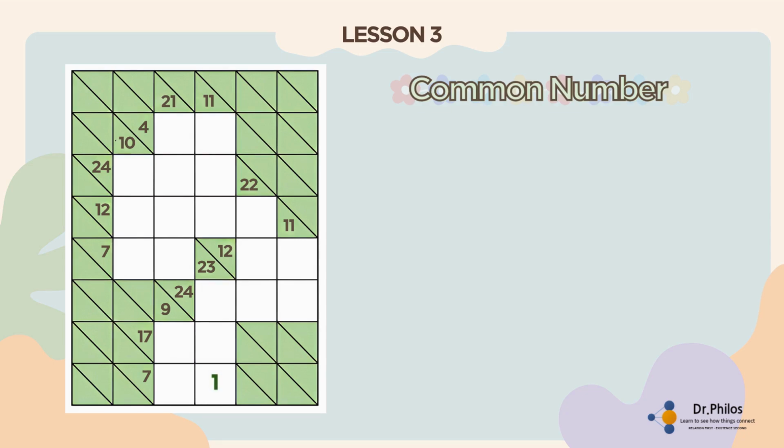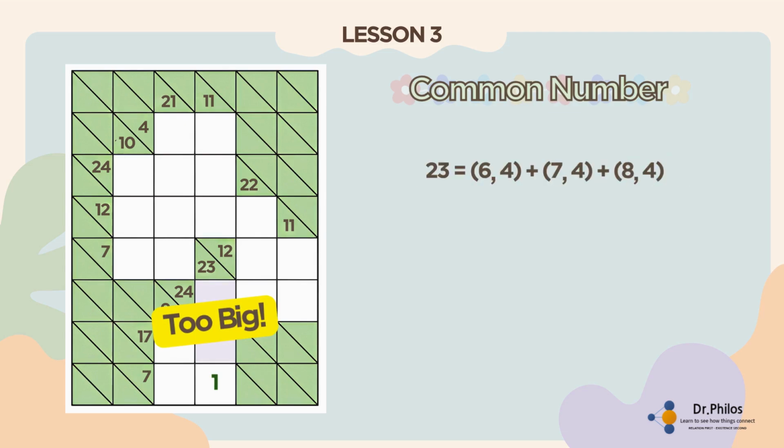If I put 1, the other 2 boxes get too big. Can you explain exactly how they get too big? If 8, 4 is 1, the sum of 6, 4 and 7, 4 has to be 22. Since the biggest numbers we can put in 2 boxes are 9 and 8, it's impossible for the sum of 2 boxes to be 22.